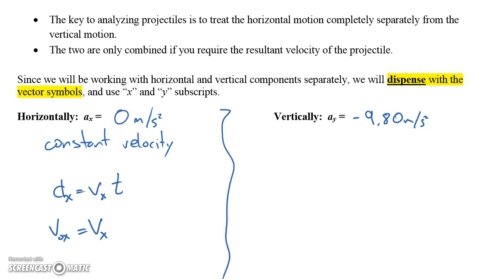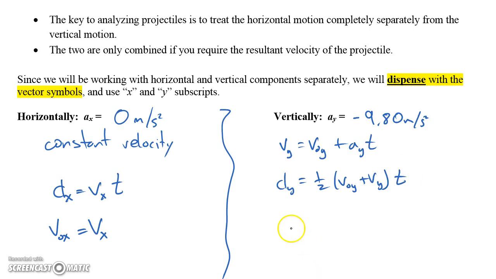Now vertically, it is more complicated because we have acceleration, but it's exactly like we've studied before. We're just having two things going on at the same time. So vertically, we've got our same equations but with y subscripts. You will not get these on your equation sheet because they are exactly the same, just given a y subscript, and they don't have vector arrows, so they are otherwise identical.